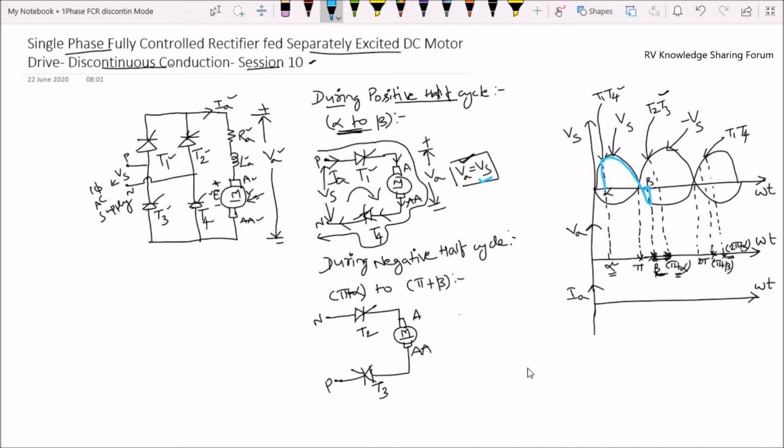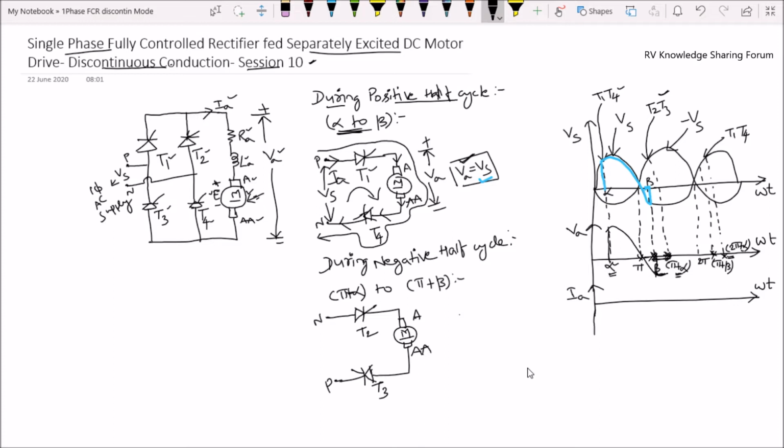Now let us trace this output voltage separately in the Va graph so that we understand easily. The same trace is drawn here. So it conducts from alpha to beta.